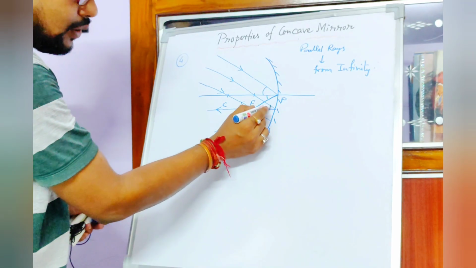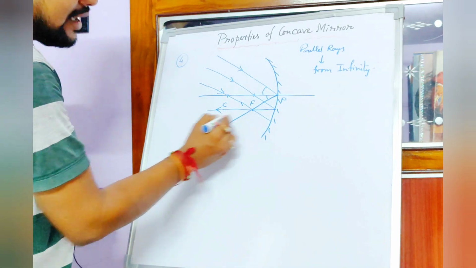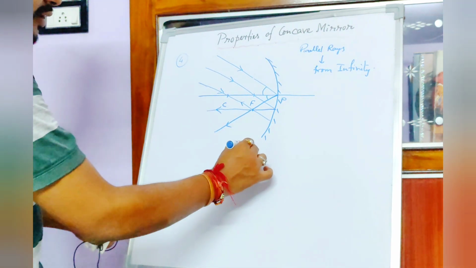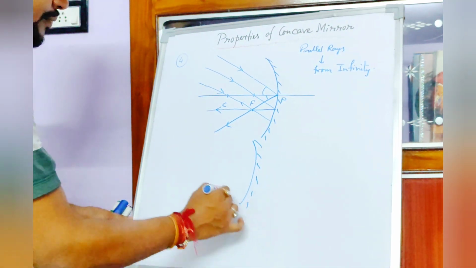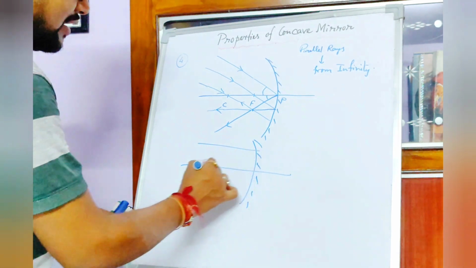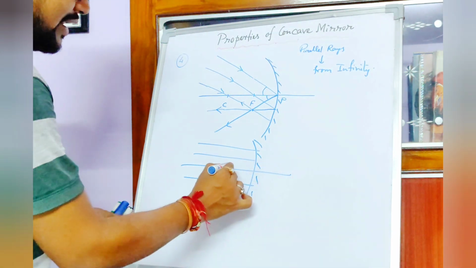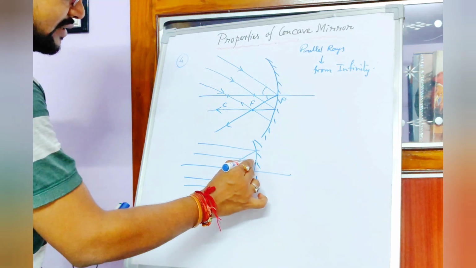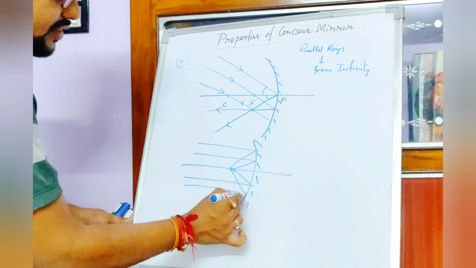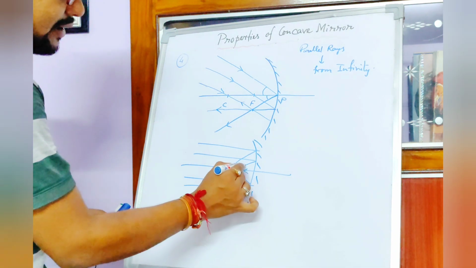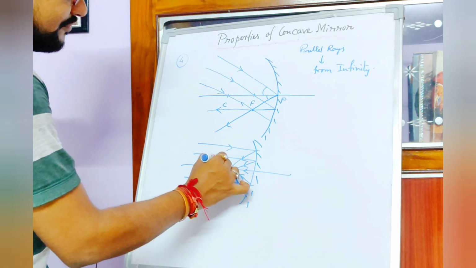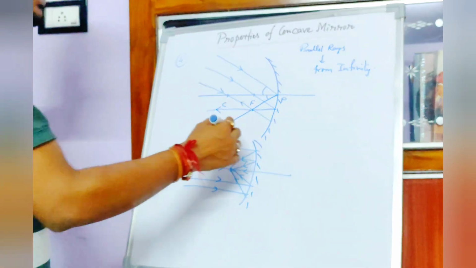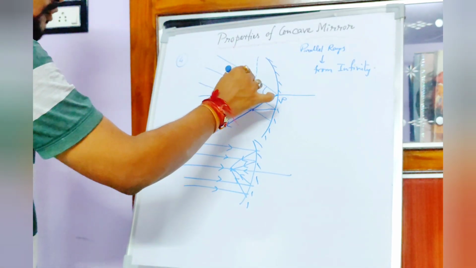And all three reflected rays meet at a particular point, but they are not meeting at the focus like in this one. So ये वाला diagram में क्या हुआ था? For this diagram, all the parallel rays are parallel to the principal axis also, and they meet exactly at the focus. That was the first property. But in this case they are not meeting at the focus, they are meeting at the focal plane.